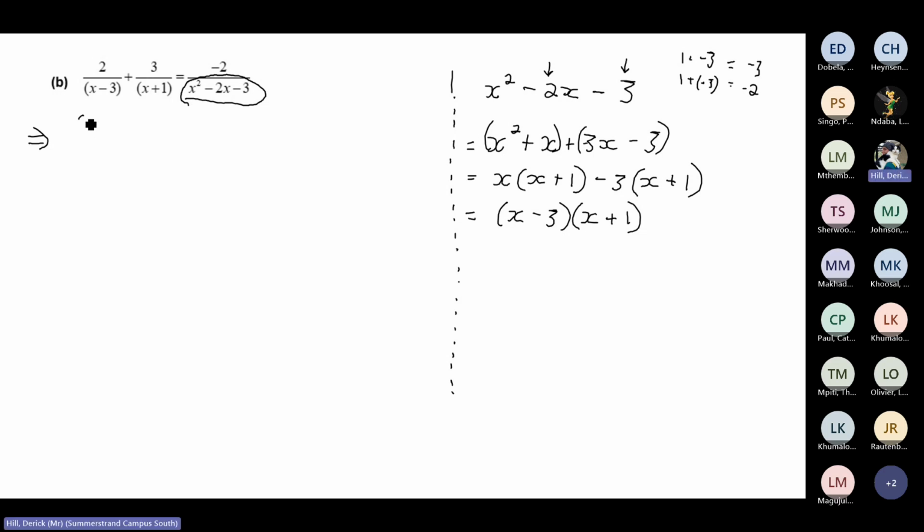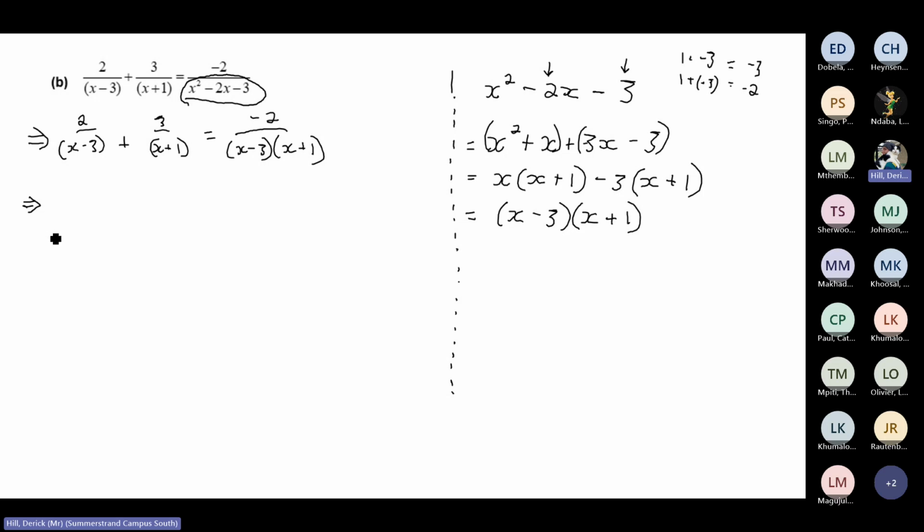So we've got 2 over x minus 3 plus a 3 over x plus 1 equals minus 2 over x minus 3, x plus 1. Now you can see we've got an x minus 3 here, an x plus 1 here, and we've got both of them on the right-hand side. That is going to be handy for what we are about to do.